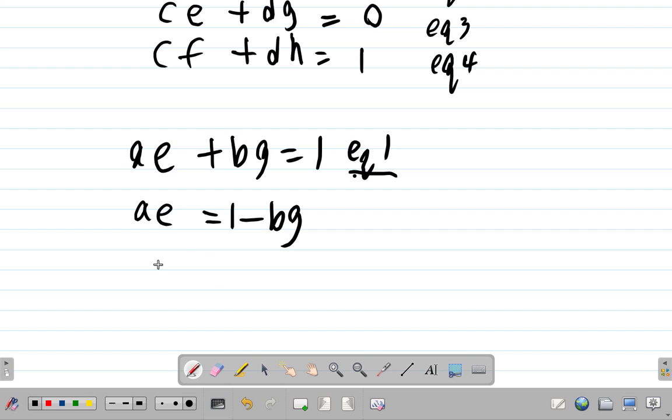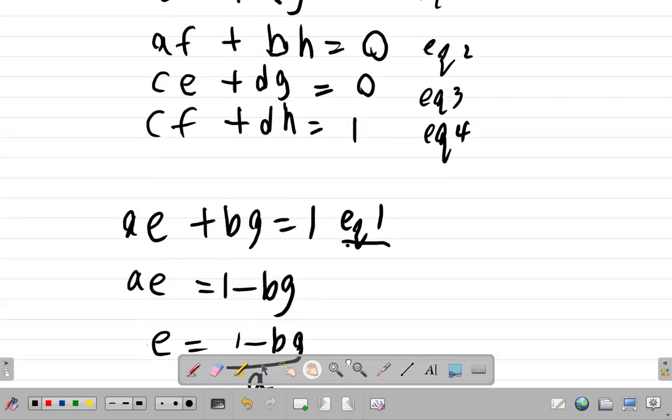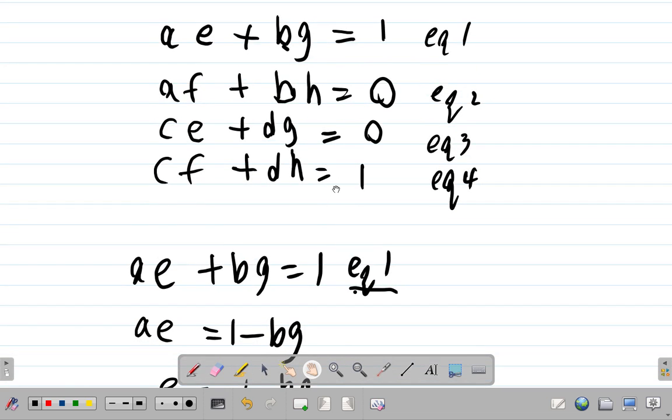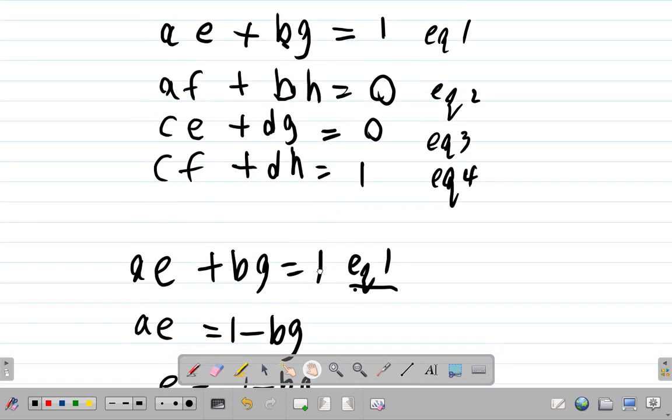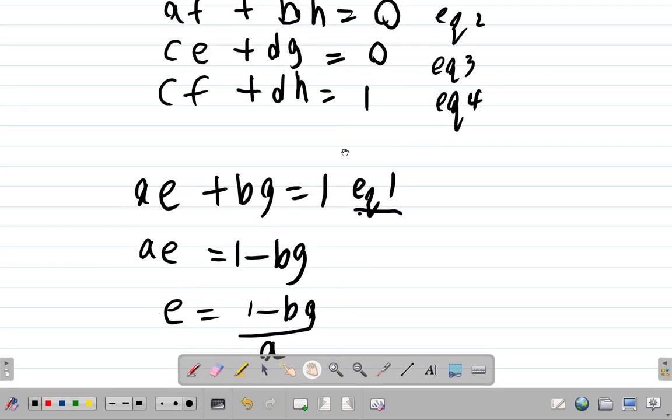Then we divide both sides by A, and you will end up with E is equal to 1 minus BG divided by A. Alright. How about also writing down equation 3? Equation 3: CE plus DG equals 0.